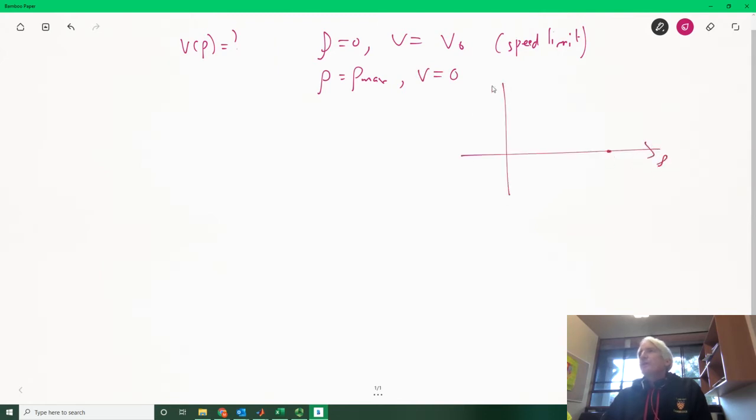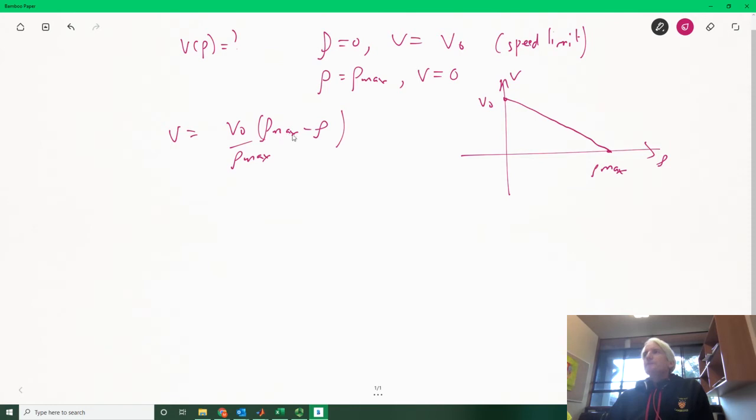So here's our graph. Here's ρ max, and here's v naught. And we have a straight line between them, which I'm going to try and draw. So the velocity is equal to ρ max minus ρ multiplied by the slope. Making sure, because the slope's positive, which is v naught over ρ max. Okay, tick. No problem. So that's the velocity.